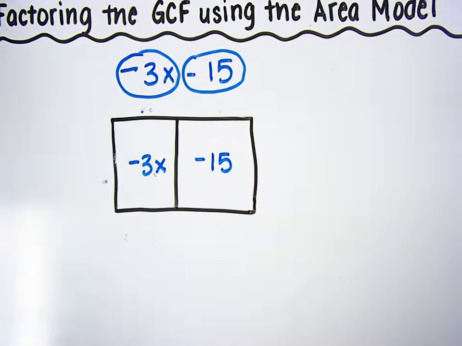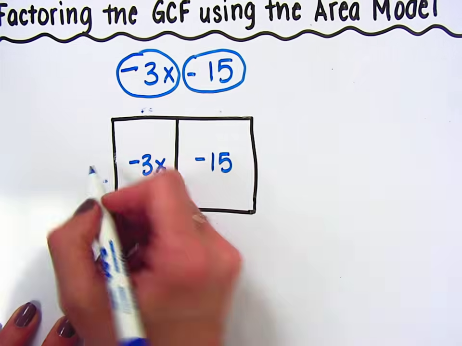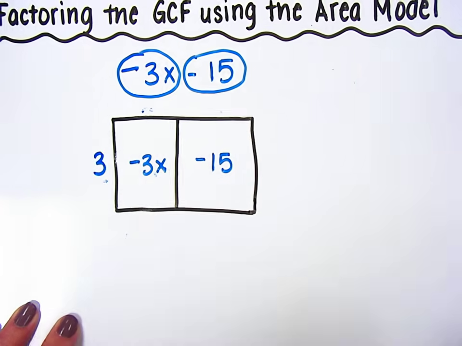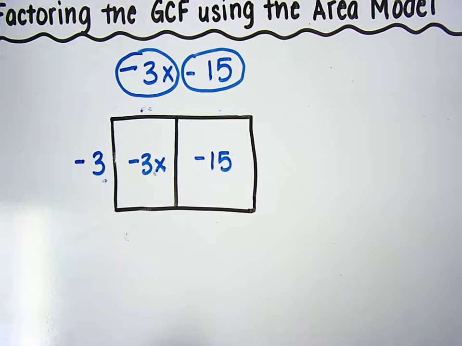When I think about my greatest common factor between these two terms, I not only want to think about numerically what is that greatest common factor, but I also want to think about how can I pull the most out of these two boxes. So I know the greatest common factor between 3x and 15 is 3, but because I want to pull the most out, I want to also pull out that negative.